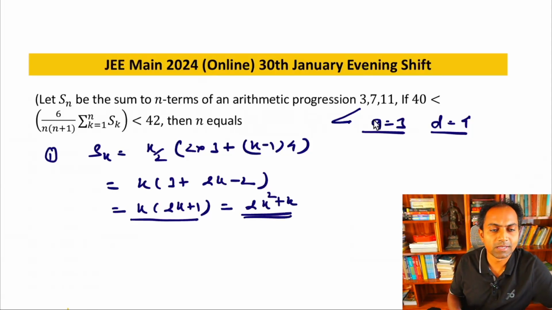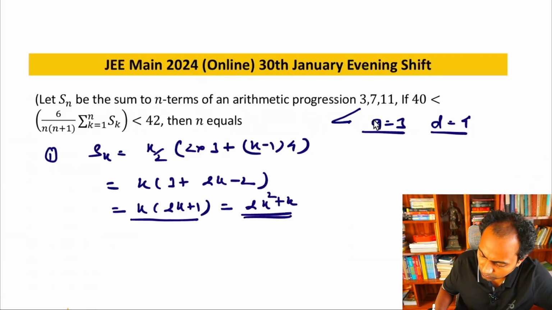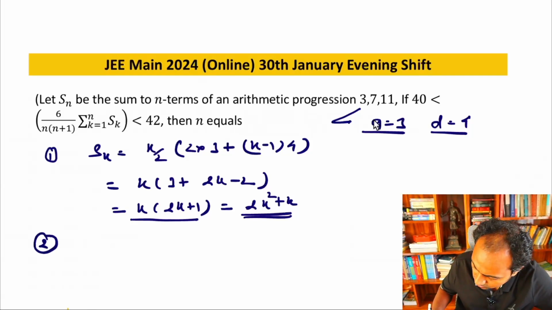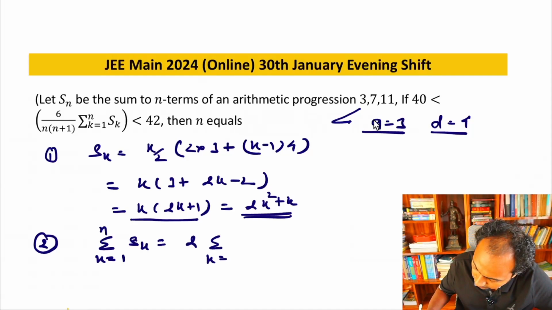Now what they are saying is, if you take this value and put a summation over it, the second part, let us put a summation over it. So we are doing summation from k equal to 1 to n over Sk, and that will become 2 times summation of k square from k equal to 1 to n plus summation of k from k equal to 1 to n.